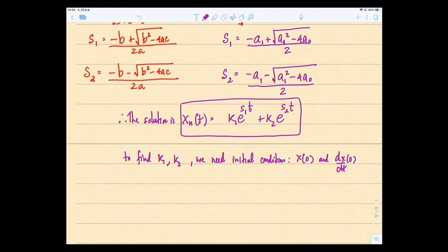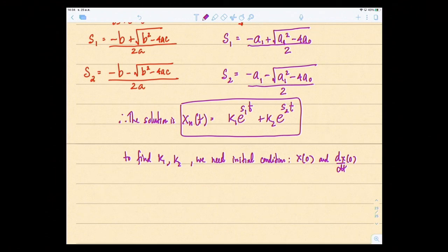Who remembers? The roots to these quadratic equations can be different, and there can be three ways s1 and s2 can be different.